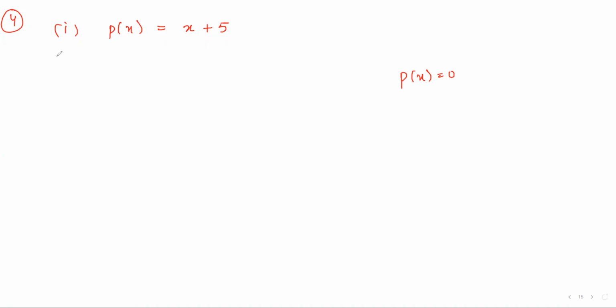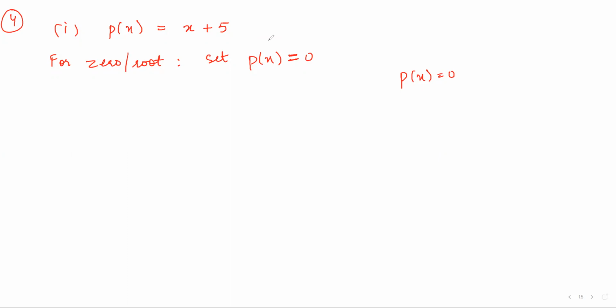So for 0 or root, I call it root sometimes, set P(x) is equal to 0. I mean, if you are setting your polynomial equal to 0, so whatever value of x you get, that value will be the 0, because already you have set your polynomial equal to 0.